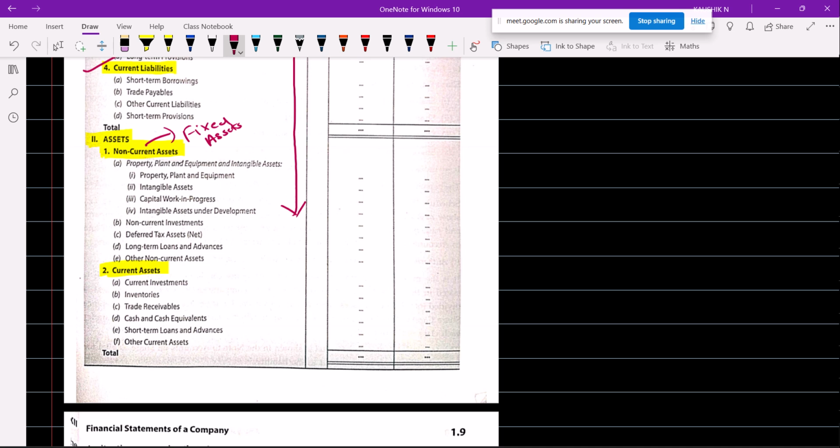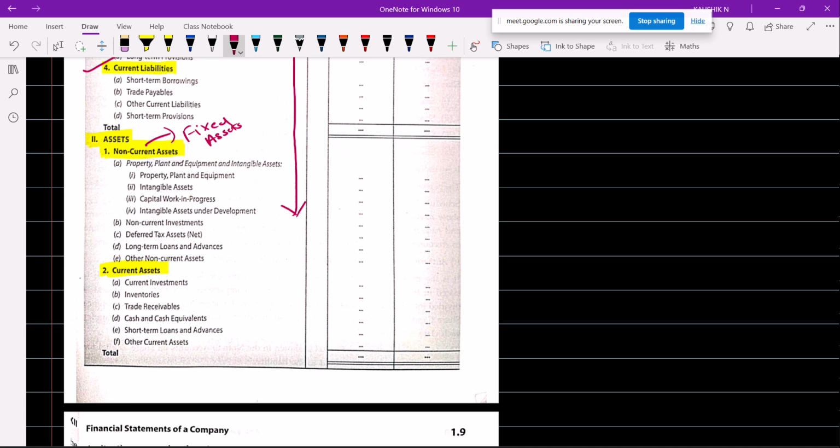You cannot promote an item from one level to another level. If you do that, then obviously marks will get curtailed. So you have to stick to the format and the contents very rigorously. Don't change the items or line items, or alter them. Hope I'm making it clear to you. Any doubts?